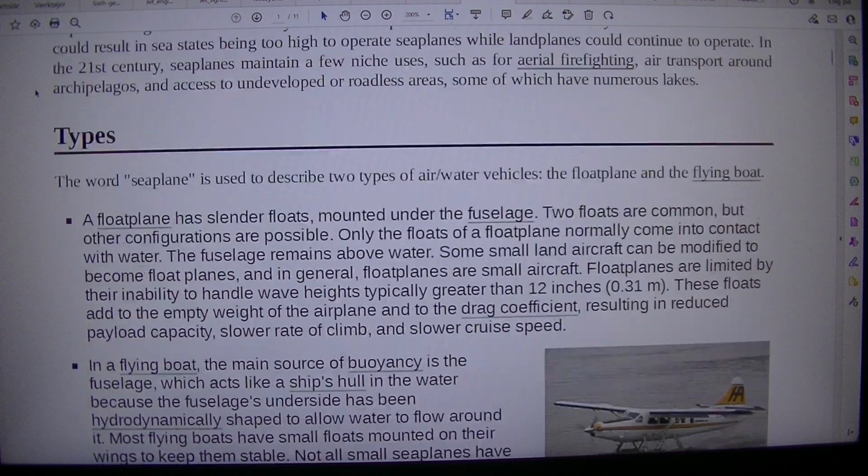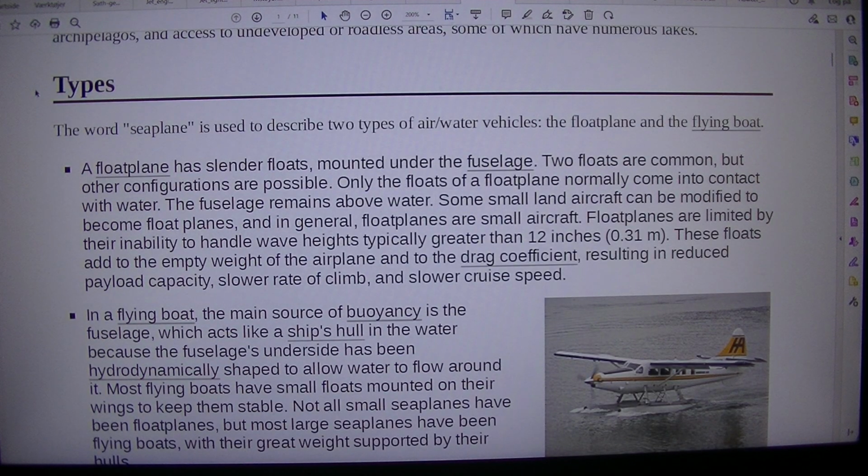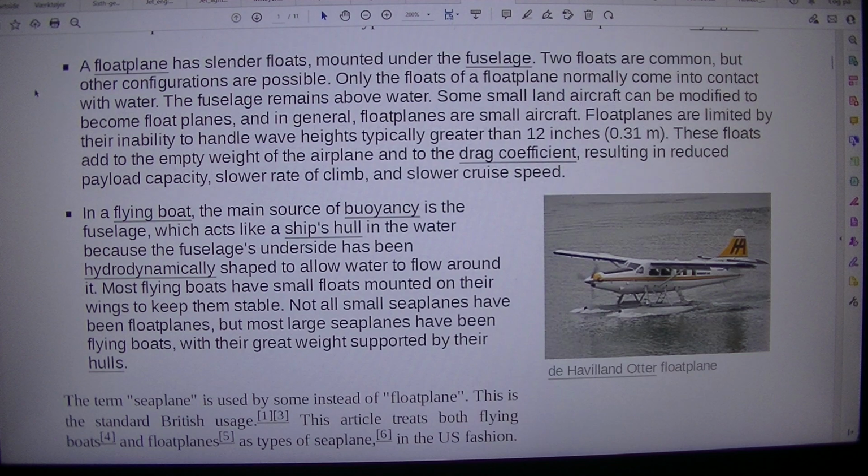Types. The word seaplane is used to describe two types of air-and-water vehicles: the floatplane and the flying boat. A floatplane has slender floats mounted under the fuselage. Two floats are common, but other configurations are possible. Only the floats of a floatplane normally come into contact with water. The fuselage remains above water.